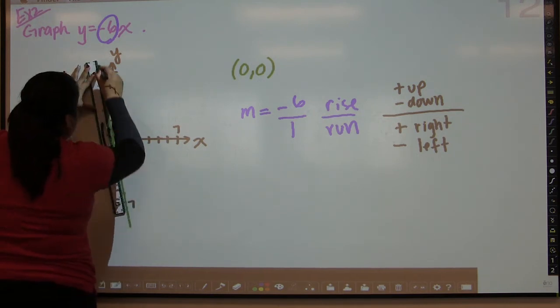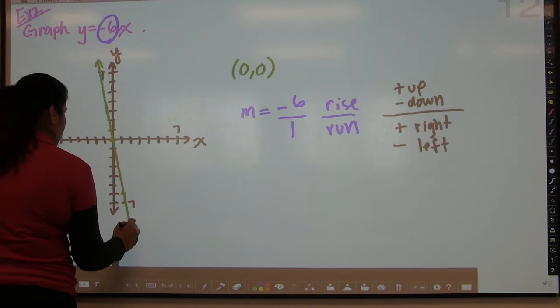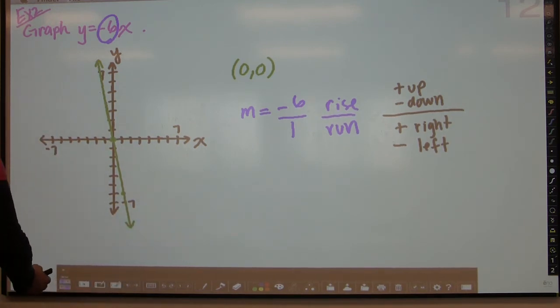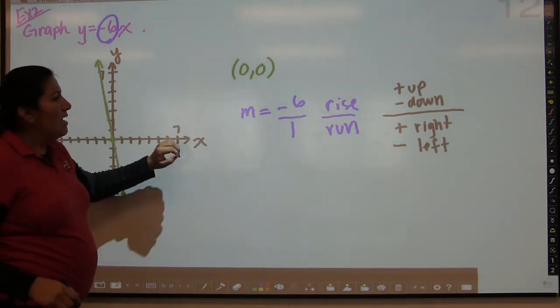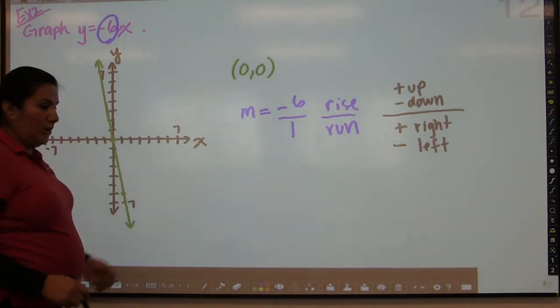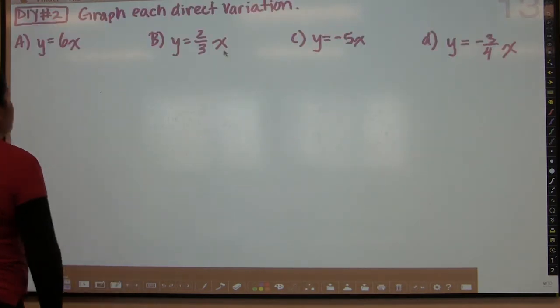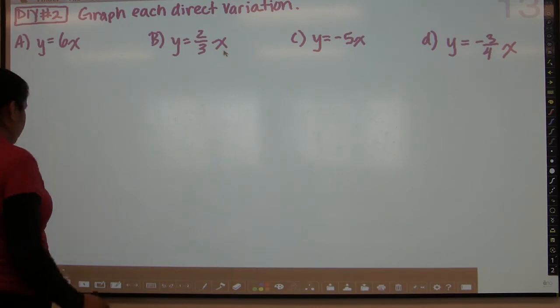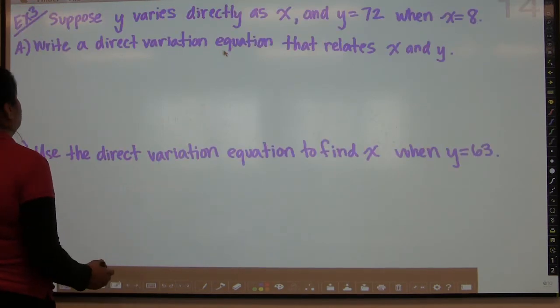Very steep line there. And that is how you can graph a direct variation. Always using 0, 0 as one of your points, and then using the slope to get the second point. So now you can try these examples, and then we'll move on to our next application.